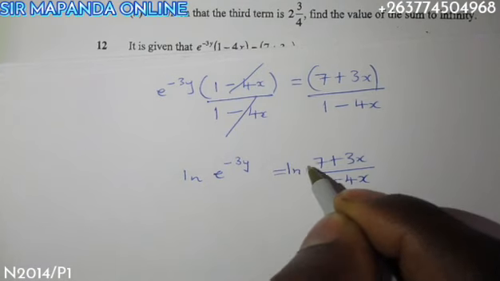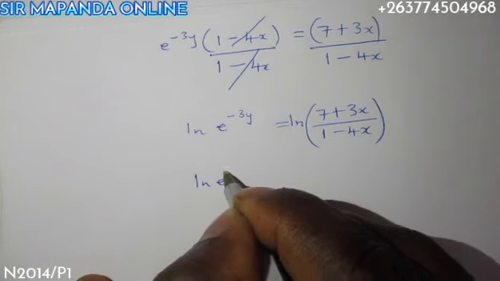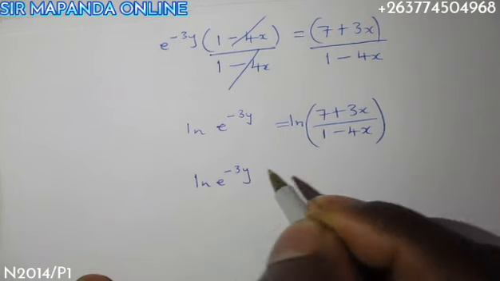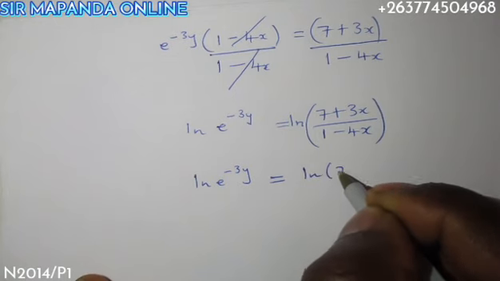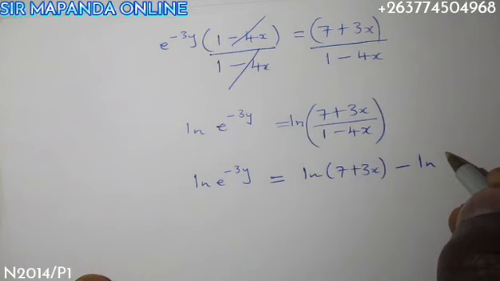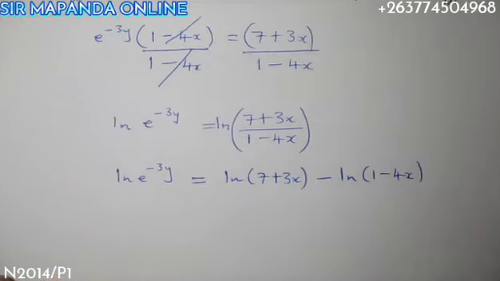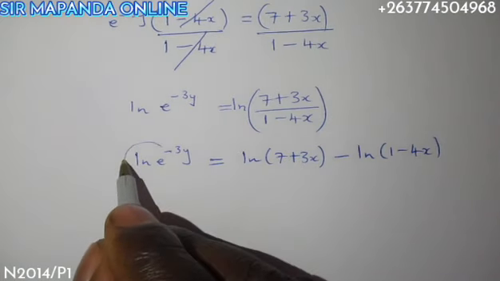Good. Then take or introduce ln on both sides. You have ln e to the power of minus 3y is equal to ln of 7 plus 3x minus ln of 1 minus 4x. Remember, for logs, if you divide, you subtract. Then bring this power down.